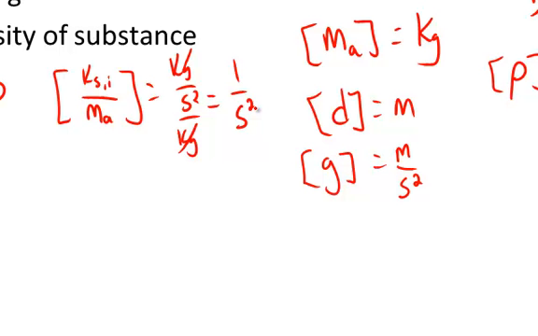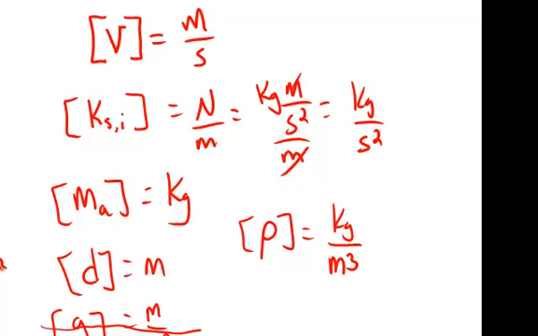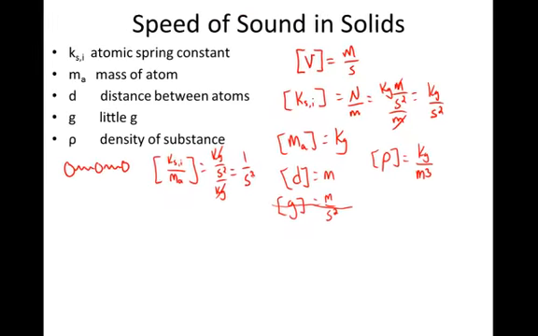Now I need meters, and the only other seconds I see is seconds squared, and that's just going to end up canceling things out. So I don't think that this one is going to be all that useful for me. What I can do is take the square root of this. The square root gives me 1 over seconds. And the only thing that's left is to add in a distance.